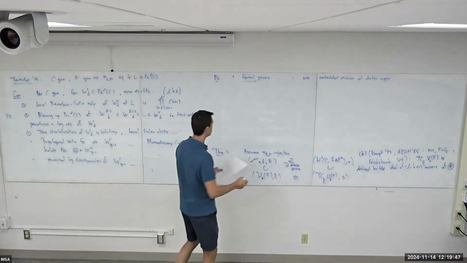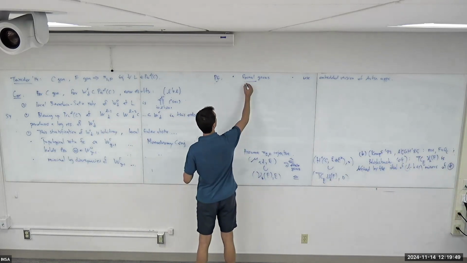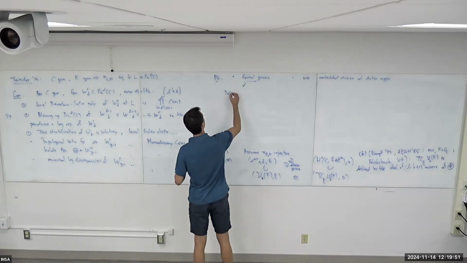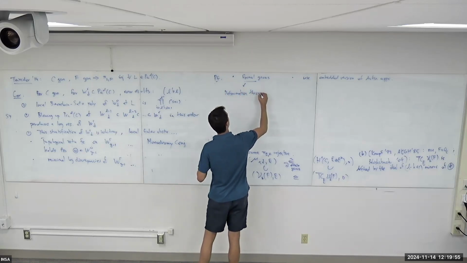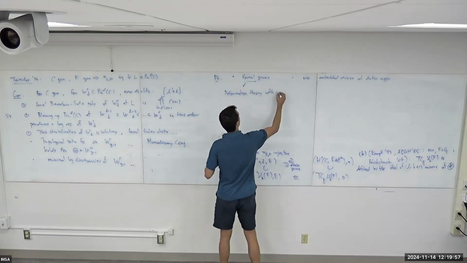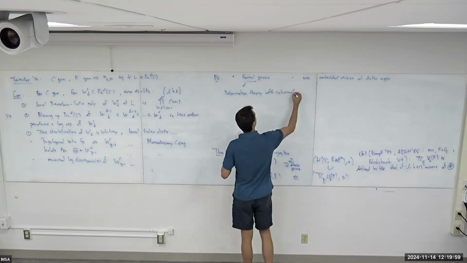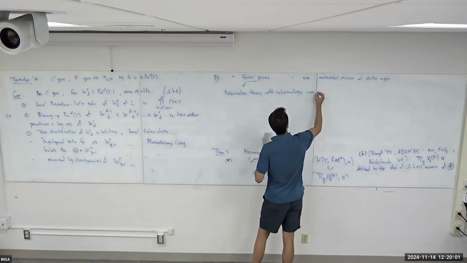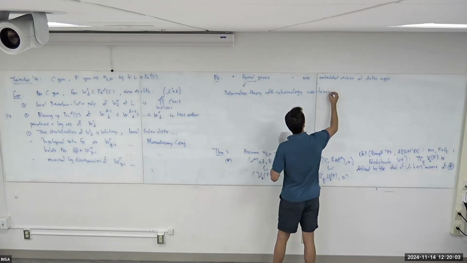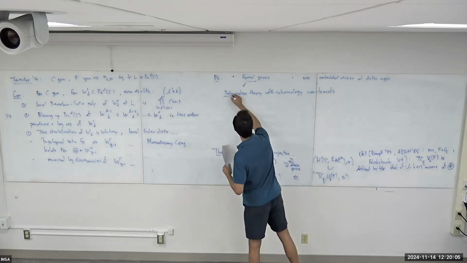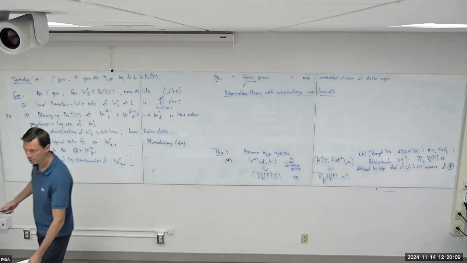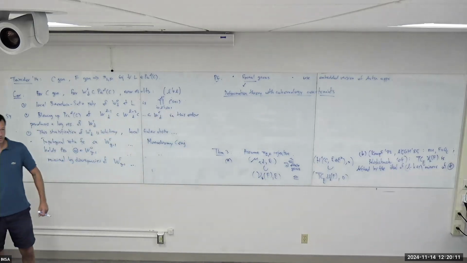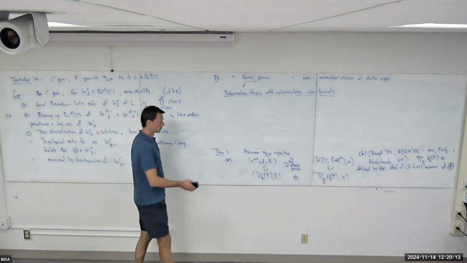So this is the deformation theory with cohomology constraints. So this is an enhancement of the deformation principle of Deligne.